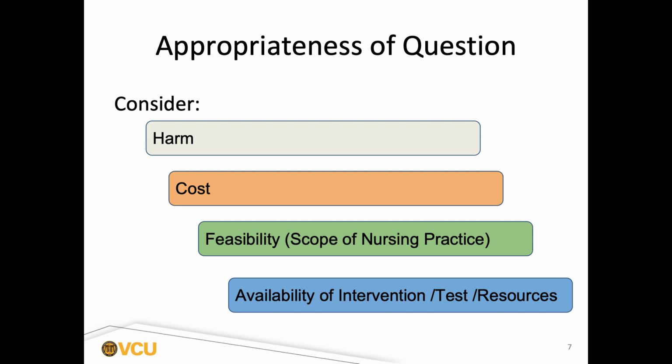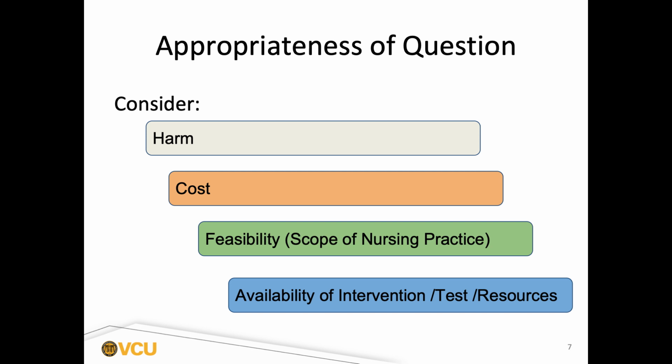A second thing you may want to consider is cost. If the intervention or solution that you are aiming to come up with is one that's too costly, you may not be able to implement it. Or the cost of what is going on, the problem, in reference to the organization may be so great that it's telling you that it is a very important problem that you ought to address.